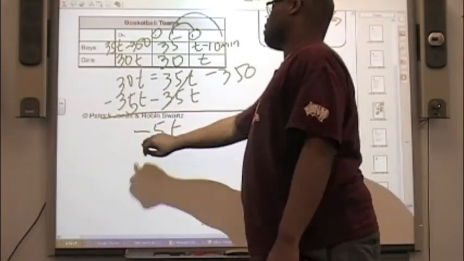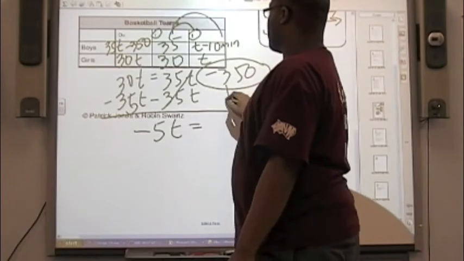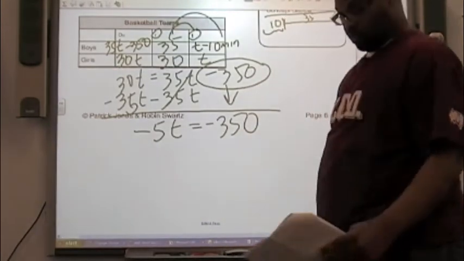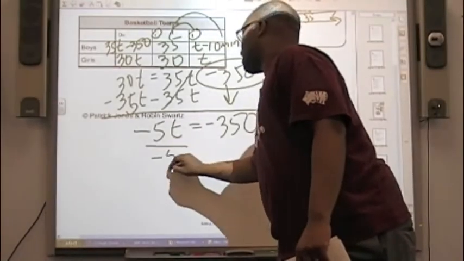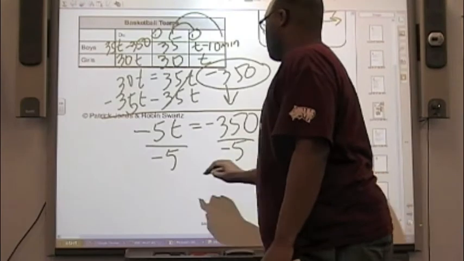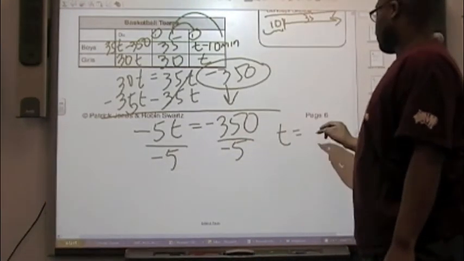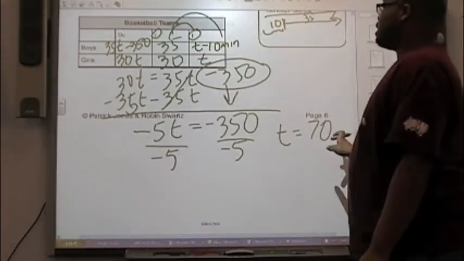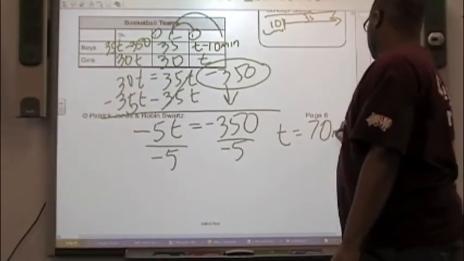Its sign was negative, negative 5t equals, drop down your negative 350. In this case, we have to divide by negative 5 on both sides, and t then is going to equal a positive 70. Now, don't forget, this is in minutes, because everything we did so far was in minutes.